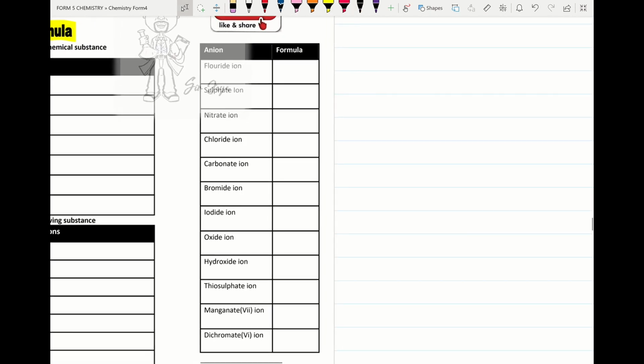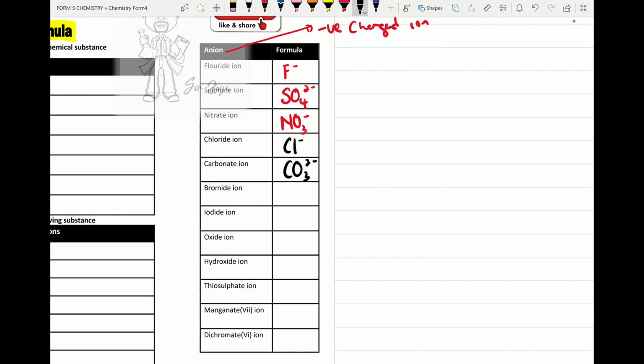We move on to the anion. Anion stands for the negatively charged ion, and the formulas of the famous anions will be fluoride ion F negative, sulfate ion SO4 2 negative, nitrate ion NO3 negative, chloride ion Cl negative, carbonate ion CO3 2 negative, bromide ion Br negative, iodide ion I negative, oxide ion O2 negative, hydroxide ion OH negative, thiosulfate ion S2O3 2 negative.